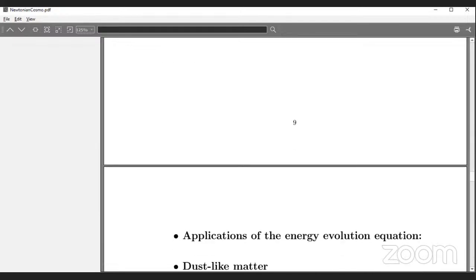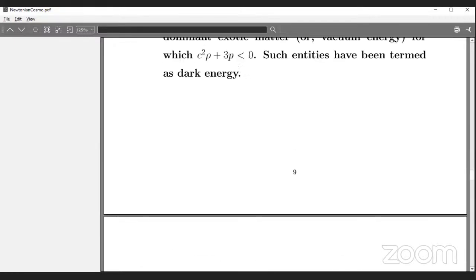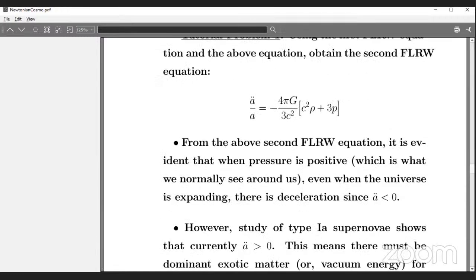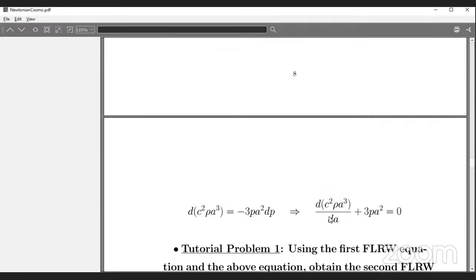Now, we have already seen the energy evolution equation. The energy evolution equation is this, which says d by dA of the energy density times the physical volume A cube, plus 3p A square, is equal to 0. This energy evolution equation is very important.